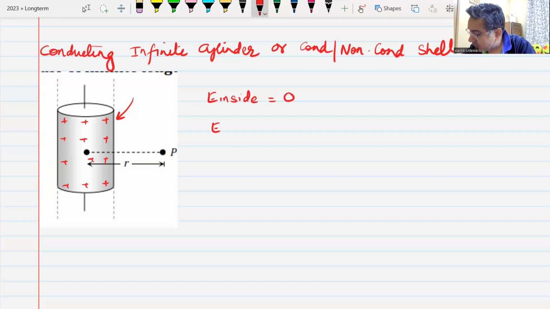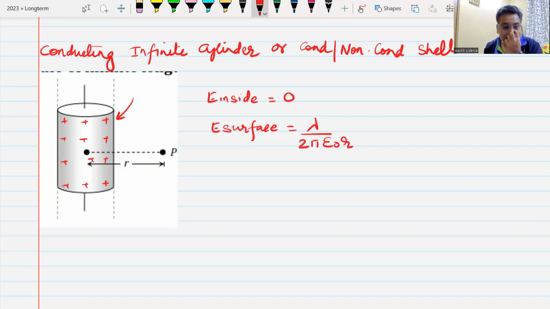Then electric field on the surface is given by this formula, lambda by 2 pi epsilon naught R, where capital R is the radius of this circle.